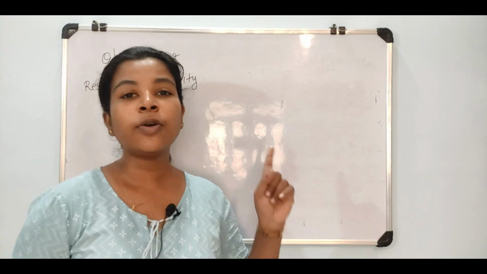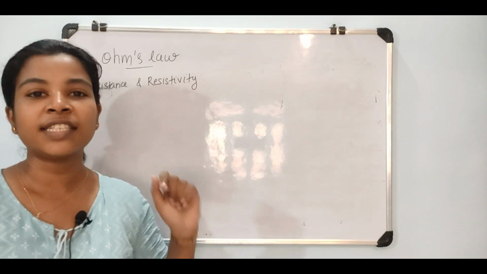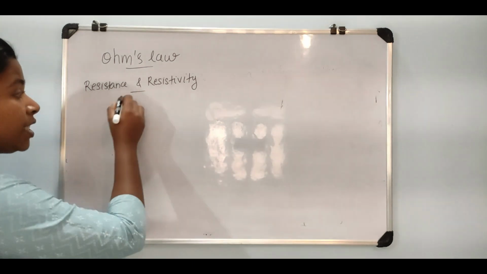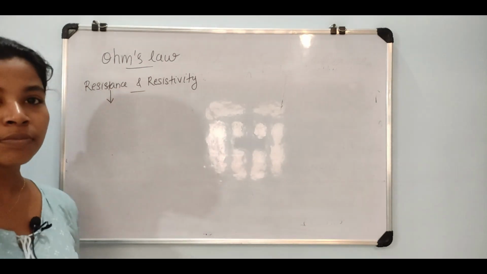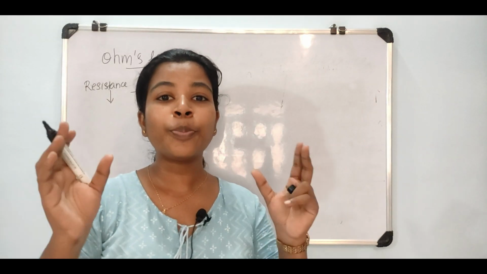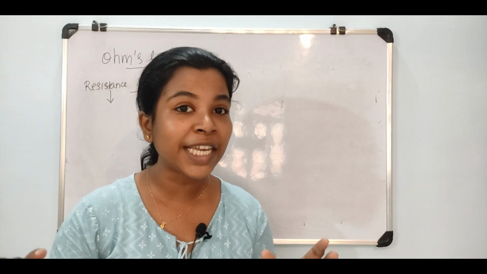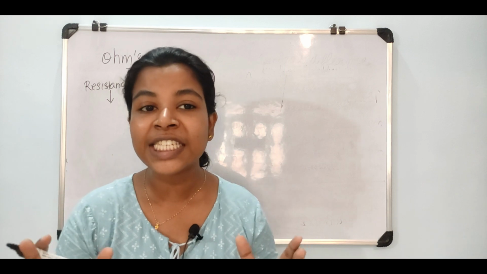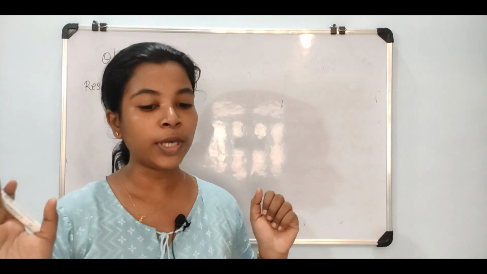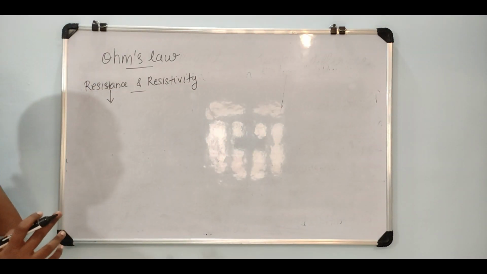So next we are going to study about resistance and resistivity. What is resistance? It is the property of a conductor, or it is a property of a material to resist the flow of current through it. Okay. So what is resistance?